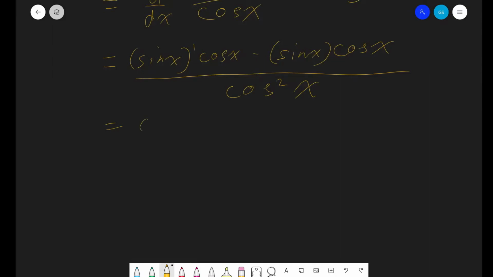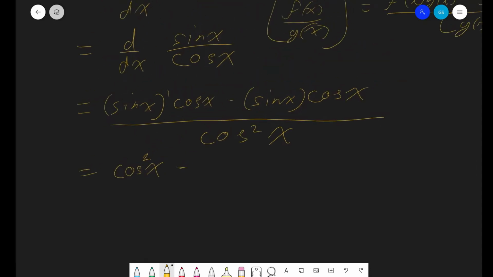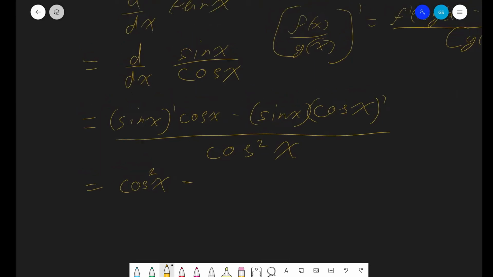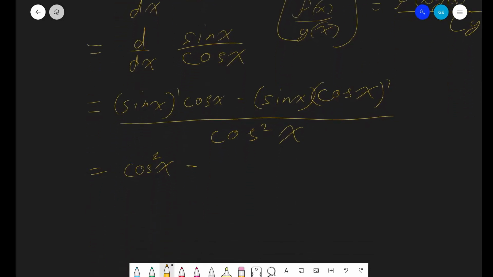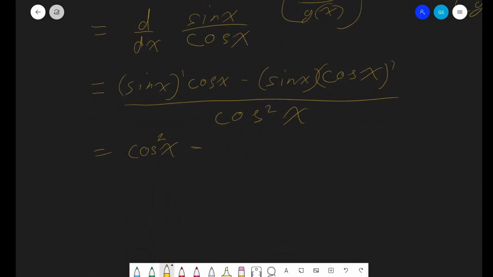So cos x, right? And now we see a cos x multiplying another cos x. So this becomes cos squared x, right? Minus. Now, oh, I forgot to write that. Apologies. But the derivative of cos x, what's that? We just worked it out. That's negative sine x. Now, negative sine x, right? Actually, I'll just write it.